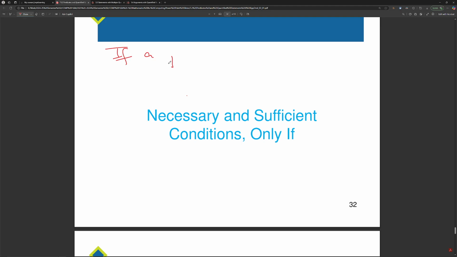If a person is blonde, then they have blue eyes. So the contrapositive of this would be that if a person does not have blue eyes, then they are not blonde.